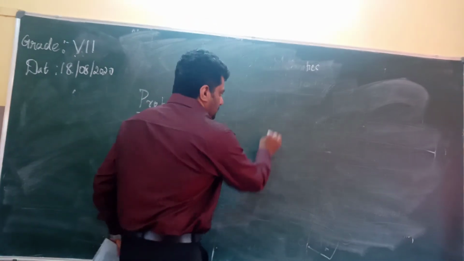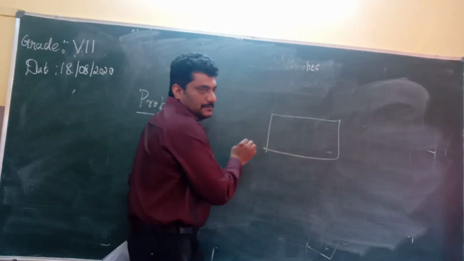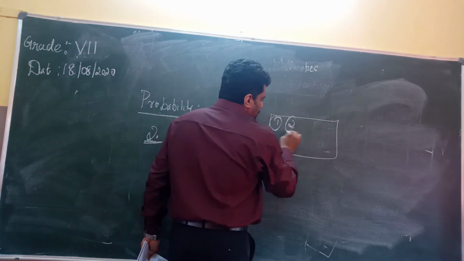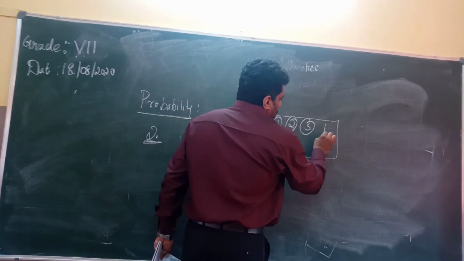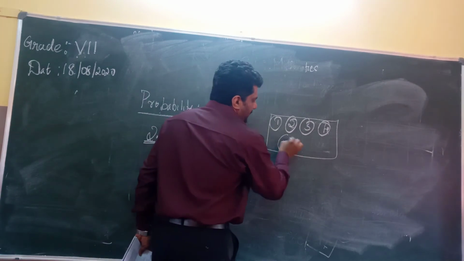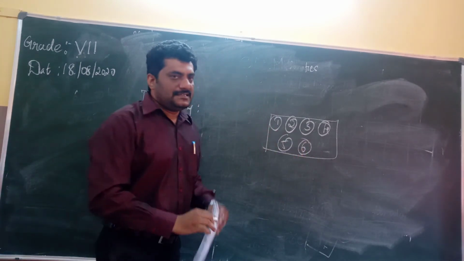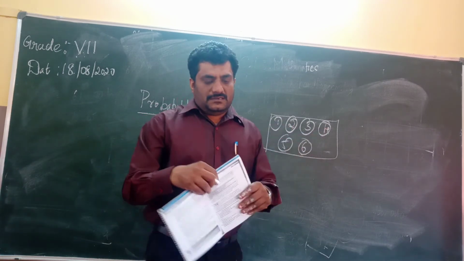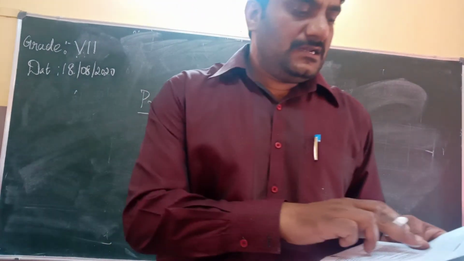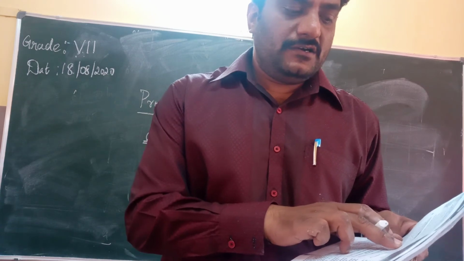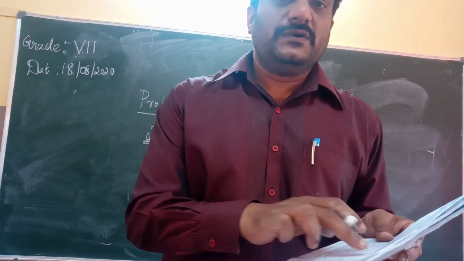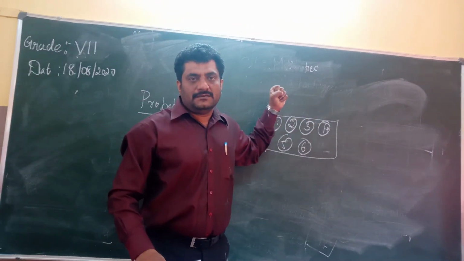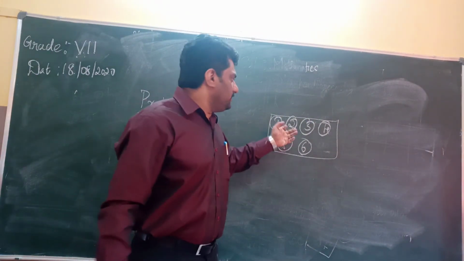That means they have a box, and in this you have 6 marbles: 1, 2, 3, 4, 5, 6. In each marble there is a number. What they are asking here is, what is the probability of drawing a marble with number 2? They will just randomly pick one marble. They are asking what is the chance of getting 2.